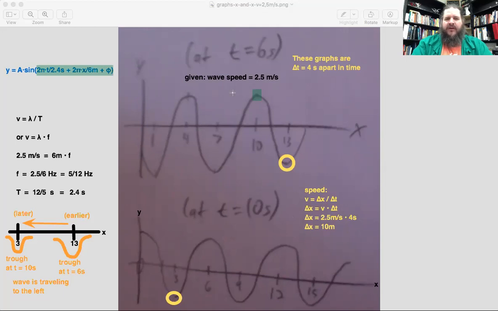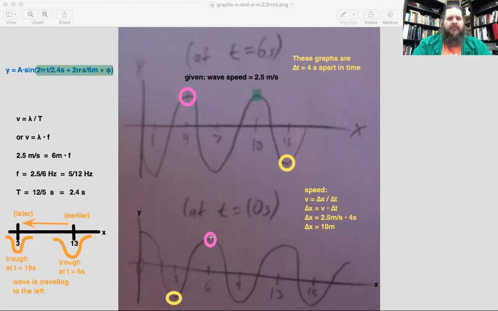Like for instance, let's say we solved for delta x and found that delta x was 2 meters instead of 10 meters. If we look for locations that are 2 meters apart, we might have, for instance, 4 and 6. If 4 and 6 were the same crest, then it hits 4 earlier, it hits 6 later. So that would mean it's going to the right.